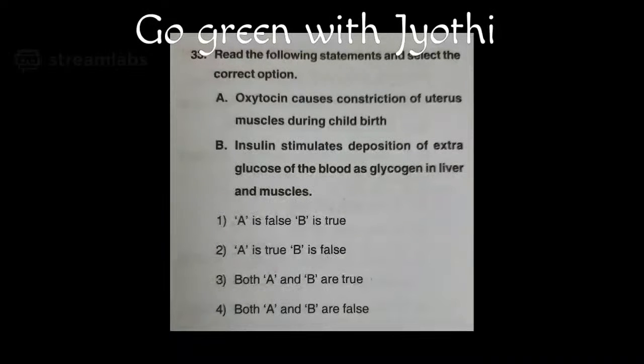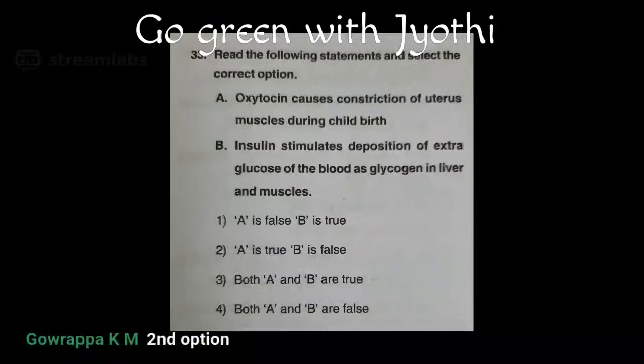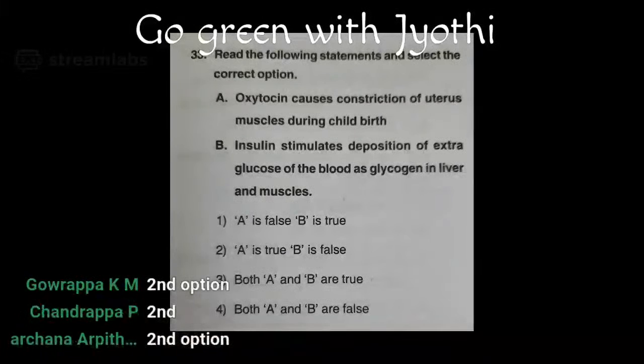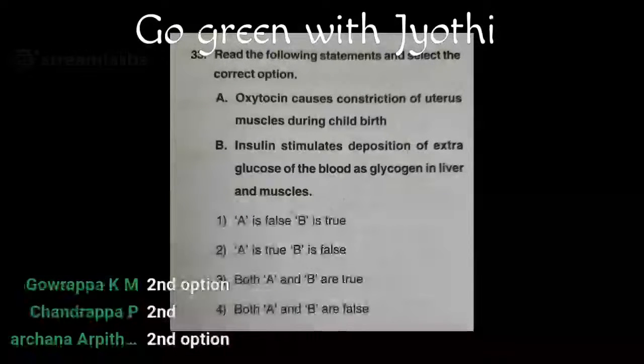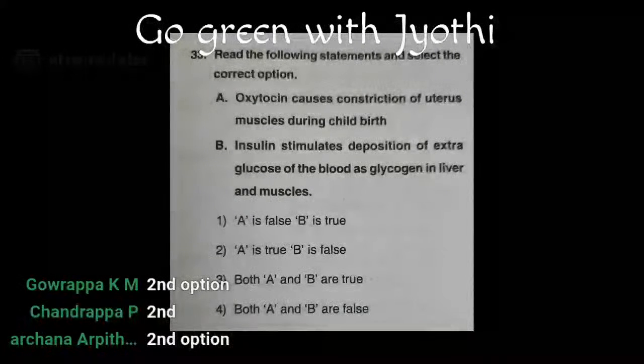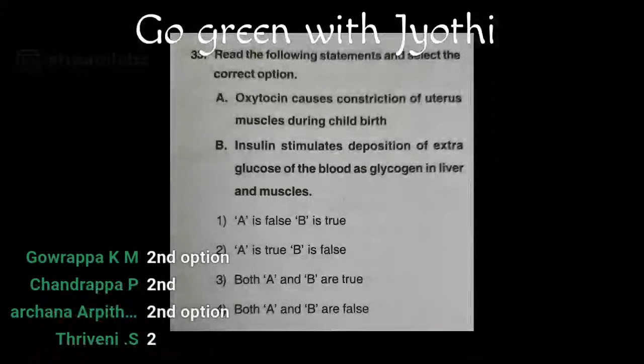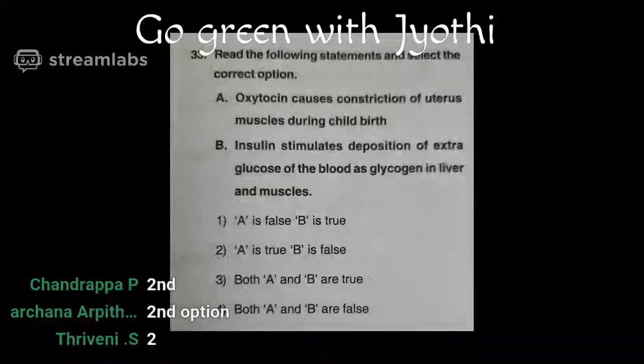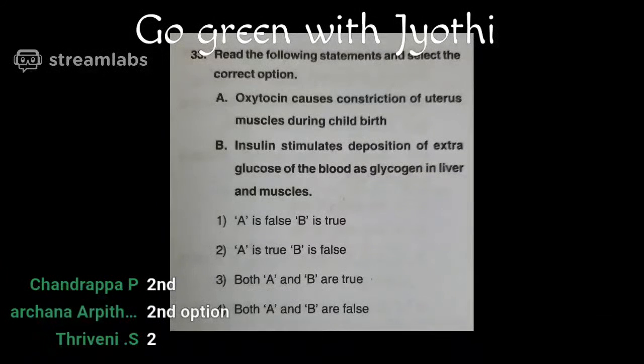And we know insulin helps in conversion of glucose in blood to glycogen in liver and muscles. We know this information, and let me see which you will select as the right option. Look at the options.